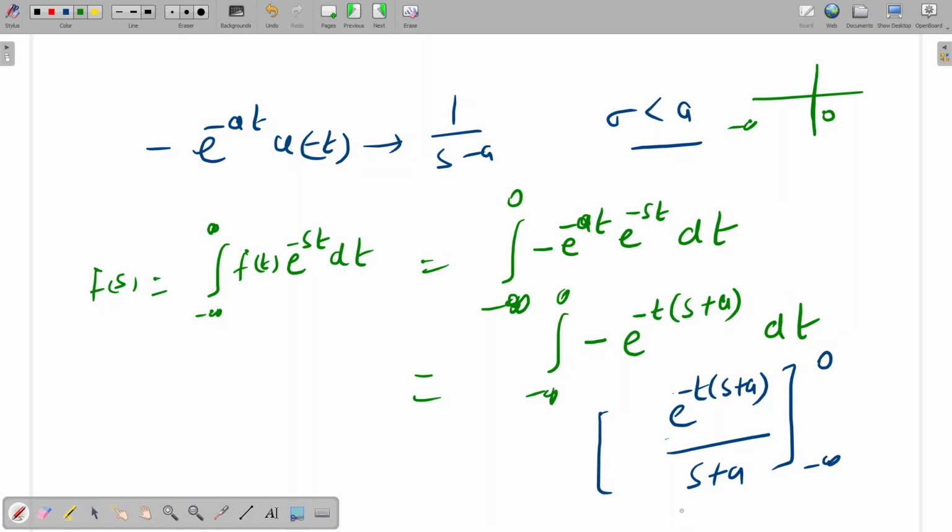So, with e to the power 0, we get 1 by s plus a. But this minus infinity term will also come here. So only if this exponent value is negative will we get this as 0. Is it clear?